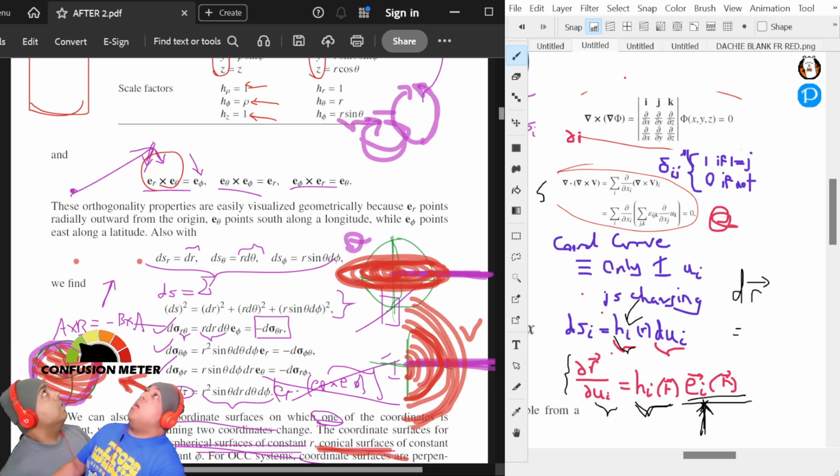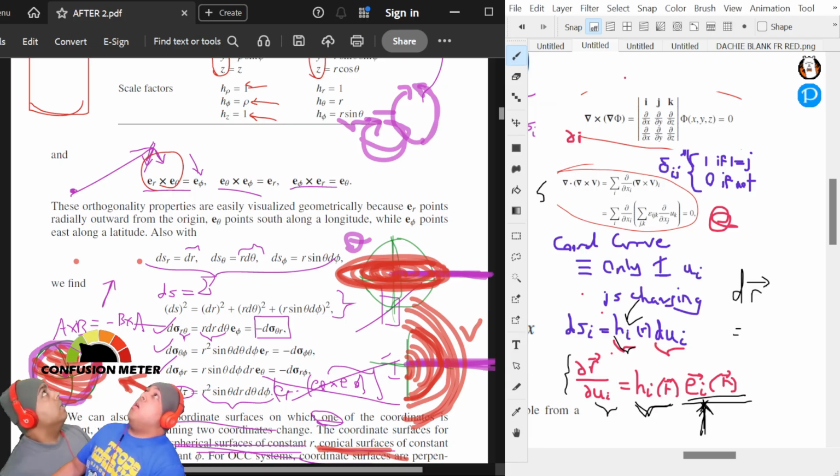Here we find ds squared. Is anyone here? Connecting chat. I don't think anyone is there.